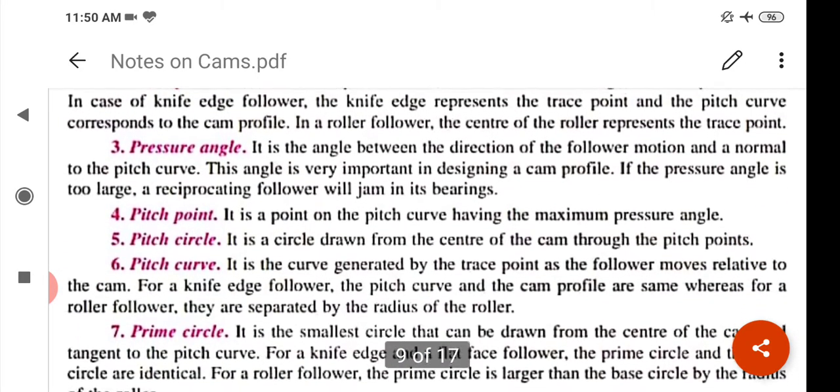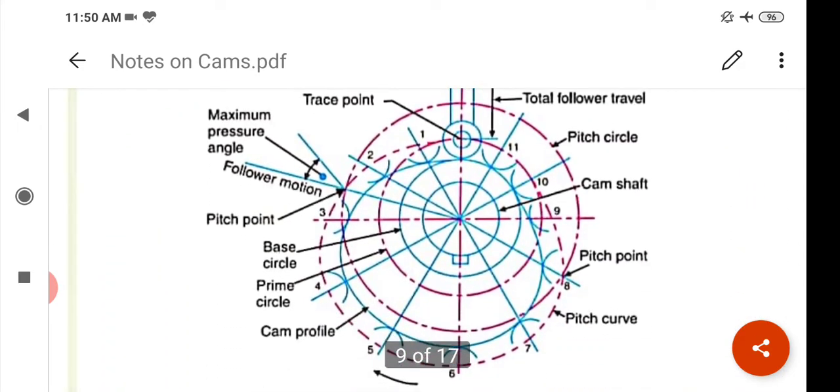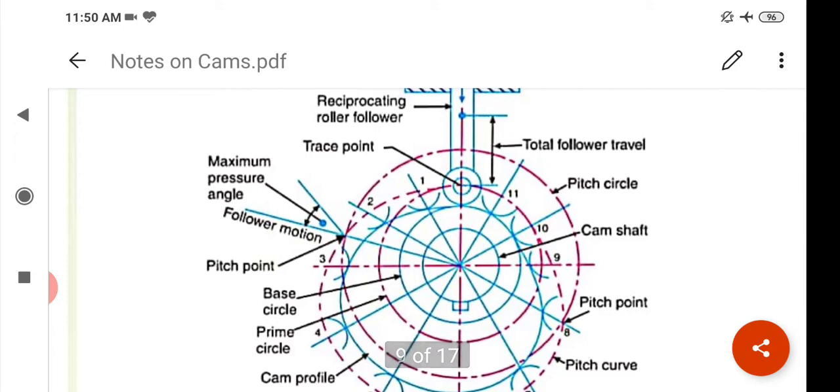Next we will see what the pressure angle is. It is the angle between the direction of the follower motion and a normal to the pitch curve. This angle is very important in designing a cam profile. If this pressure angle is too large, a reciprocating follower can jam in its bearings. Here you can see the pressure angle.